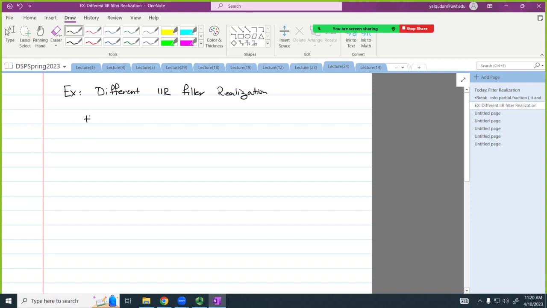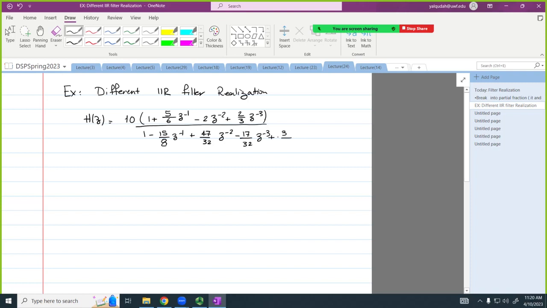If we have H of z equal to 10 multiplied by 1 plus 5/6 z to the negative 1 minus 2 z to the negative 2 plus 2/3 z to the negative 3, divided by 1 minus 15/8 z to the negative 1 plus 47/32 z to the negative 2 minus 17/32 z to the negative 3 plus 3/64 z to the negative 4.